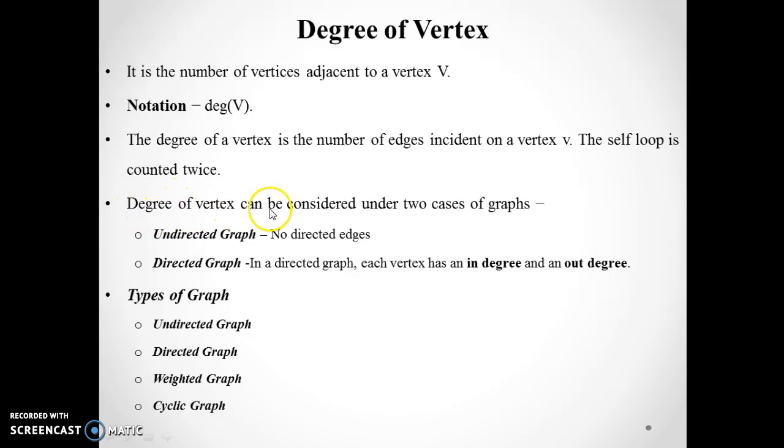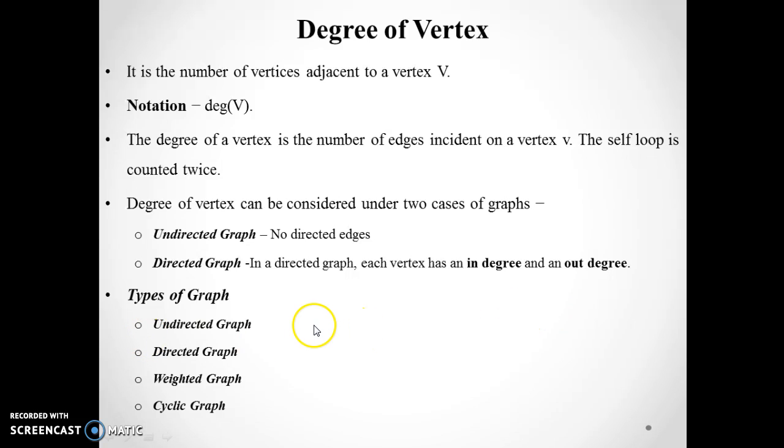So, the degree of a vertex can be considered under two cases of graphs from the degree point of view, that is undirected graph and directed graph. An undirected graph has no directed edges, whereas in a directed graph each vertex has an in degree and an out degree.